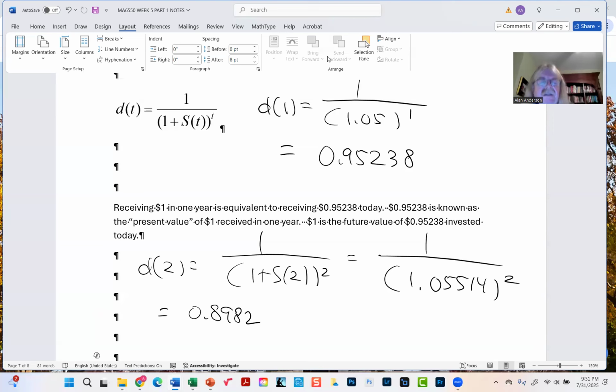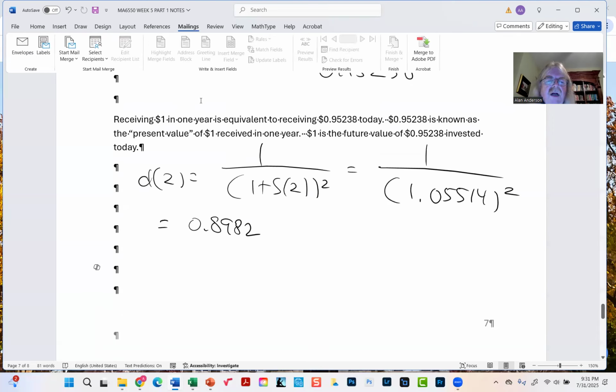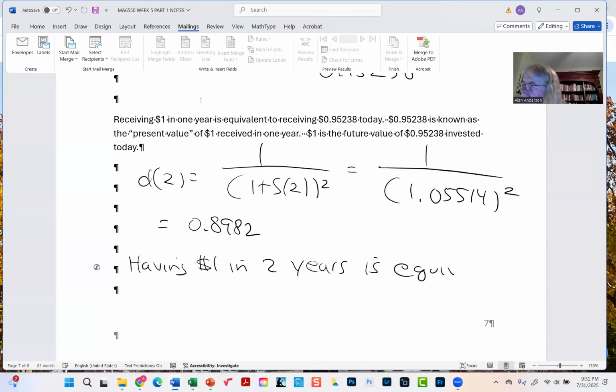Okay, so I mean, you get the idea here. It means that having a dollar in 2 years is equivalent to having 0.8982, about 89.8 cents today.